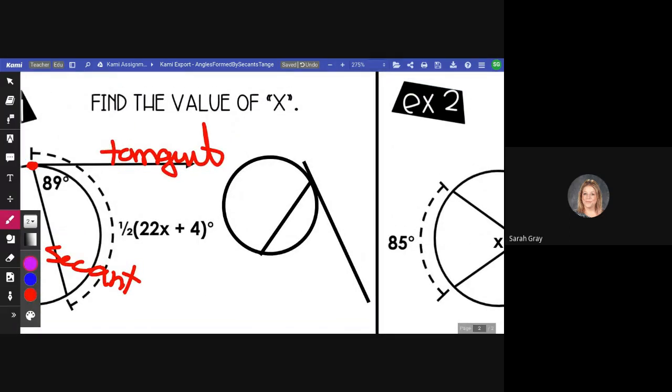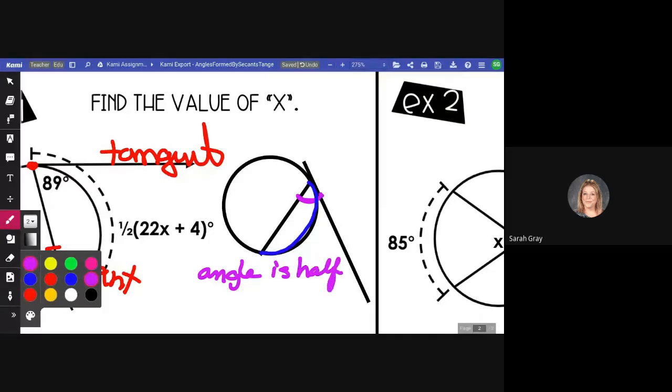So the angle formed by those two is half of the arc. It's the same thing on the other side.